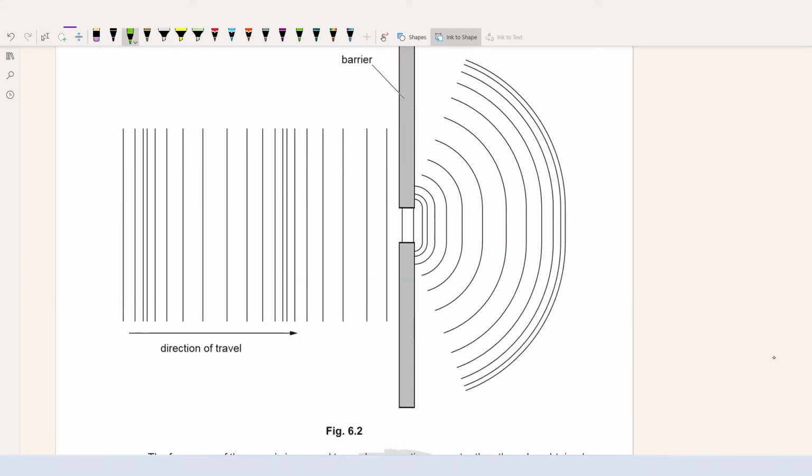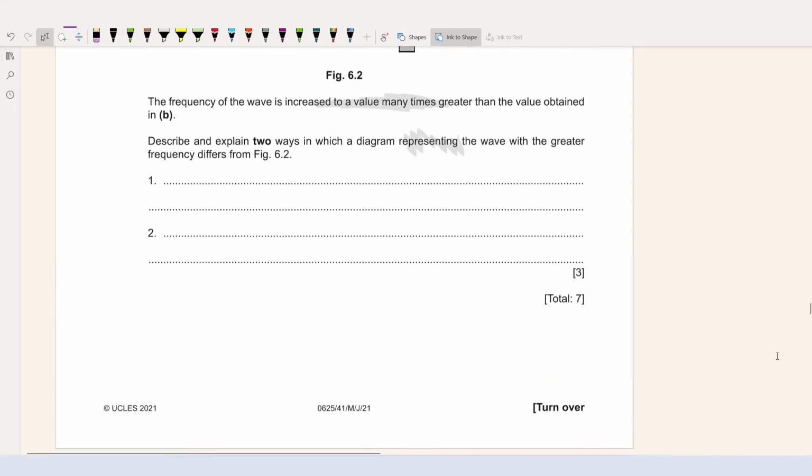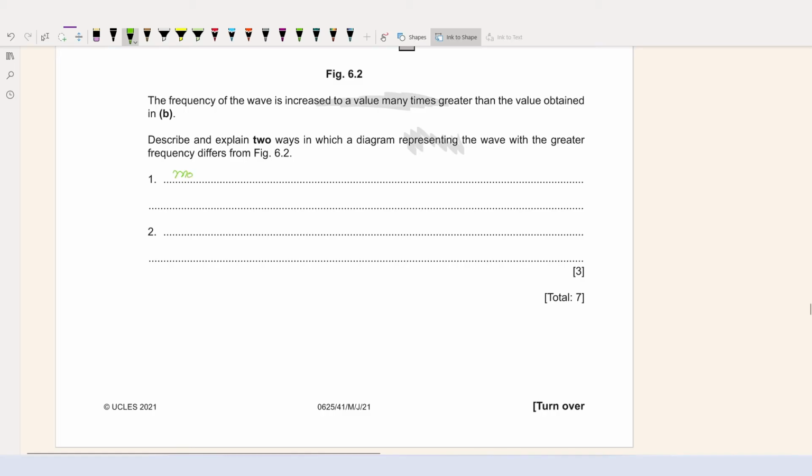We can see here this is the same diagram which was given in the previous part. We can see that the compression on the left side is more than the compression on the right side. You can write that here: more compression.